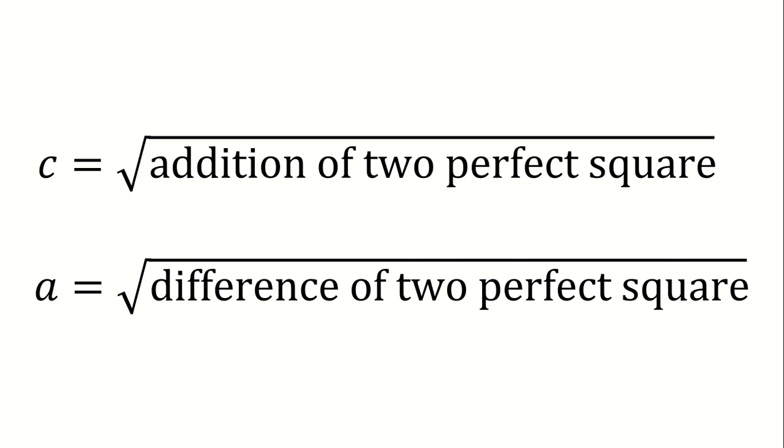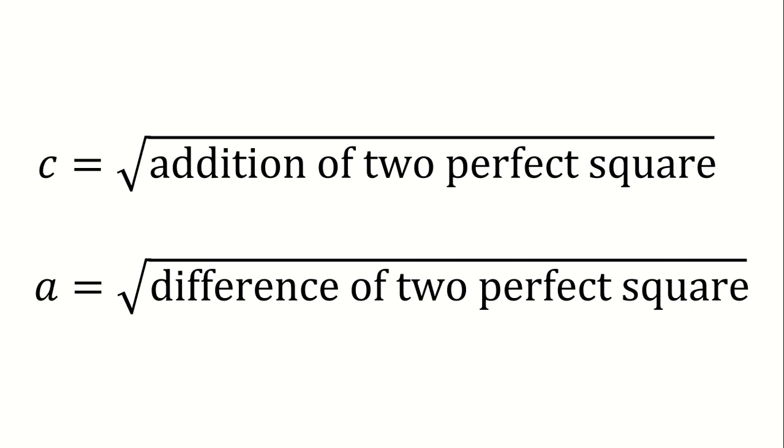A perfect square is a number like A squared and B squared, where A and B are both integers. So perfect squares are numbers like 9 or 16 or 25, which are the squares of the numbers 3, 4, and 5 respectively.